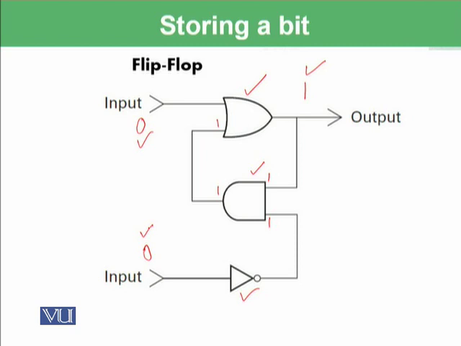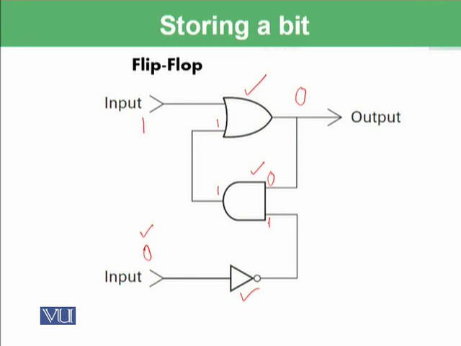So let's change the upper input to 1 and see what happens. The other is the same, 0 is becoming 1, 1 is already stored, and then 1 is coming here, and it is having no effect. Now let's see, we have already stored 0. This 0 is coming as 1. This 0 is coming here in this AND gate as 0.